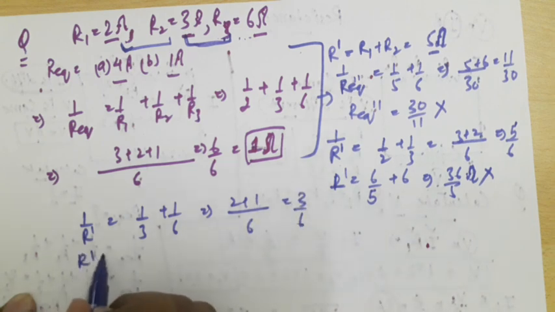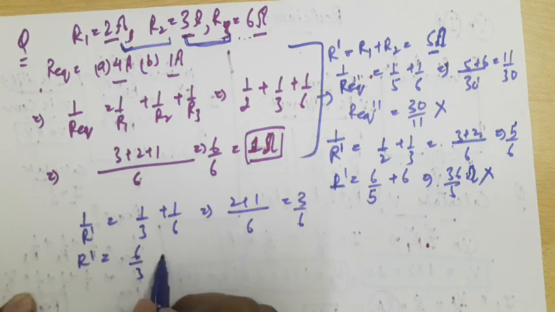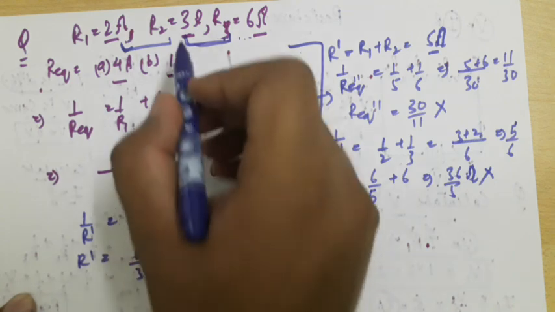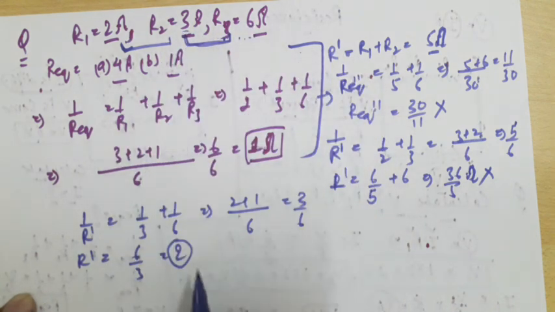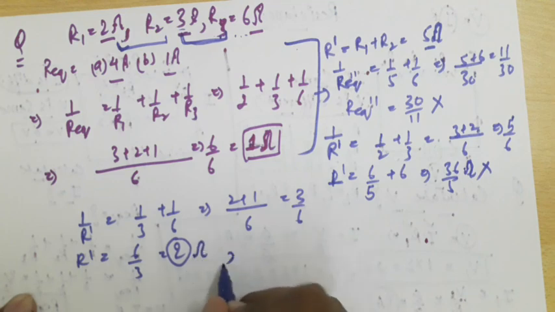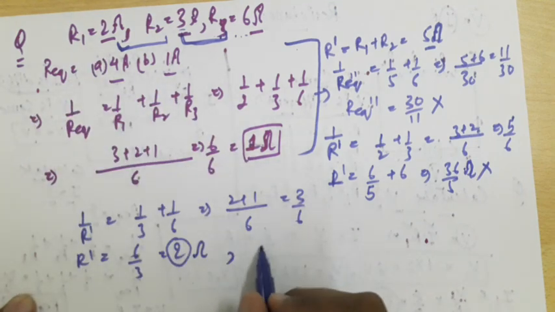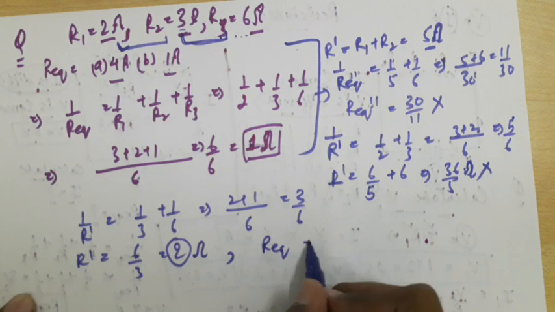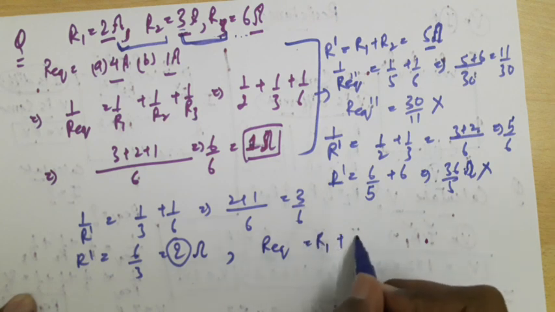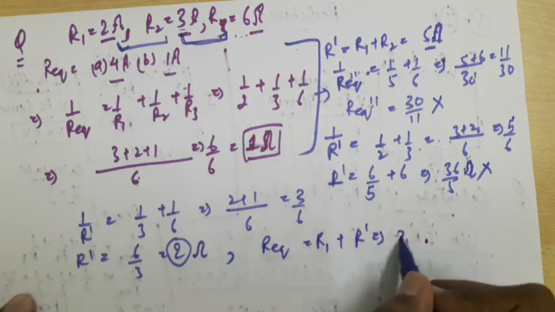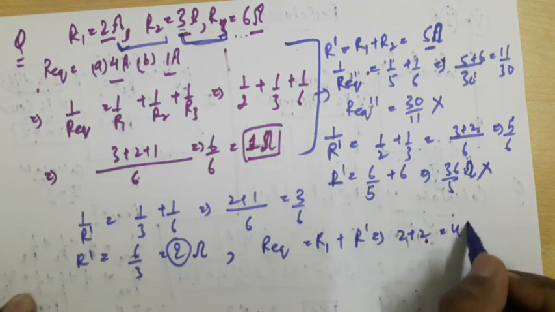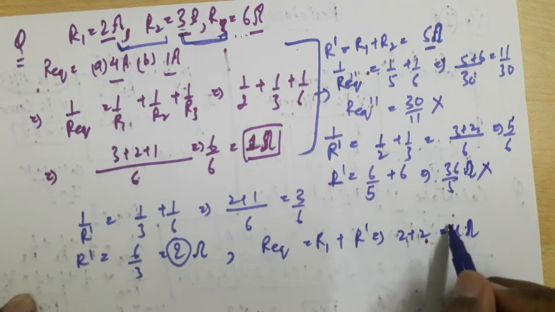So R dash becomes 6 upon 3, that is 2 ohms. And the first one is 2 ohms, so I'll join them in series: R equivalent is R1 plus R dash, which is 2 plus 2, that is 4 ohms. So this is how the answer is coming.